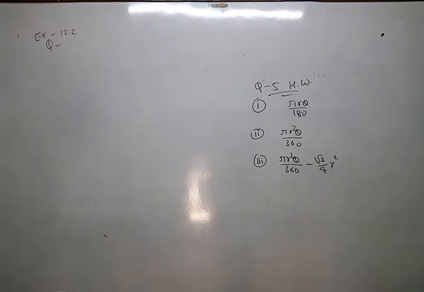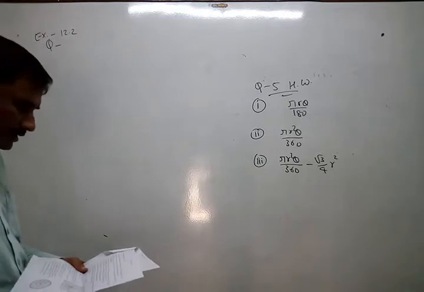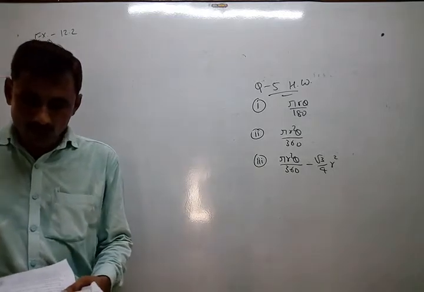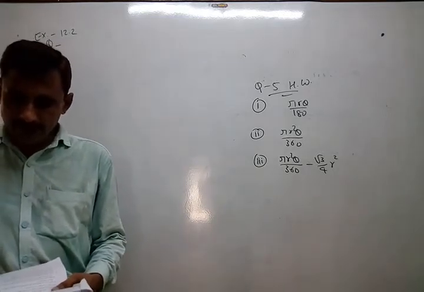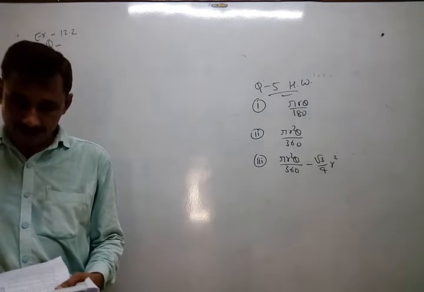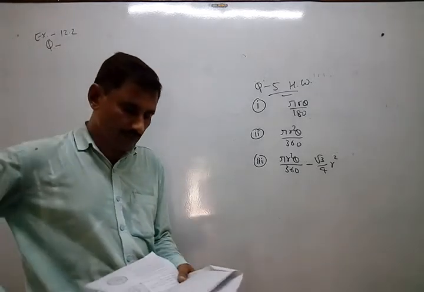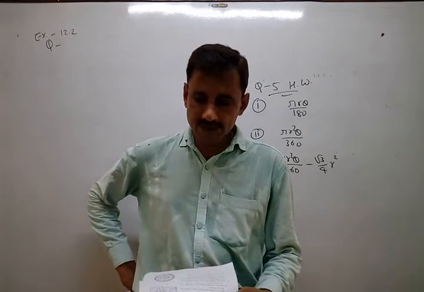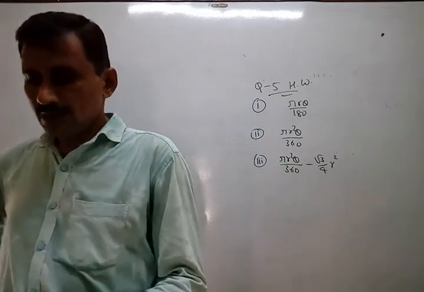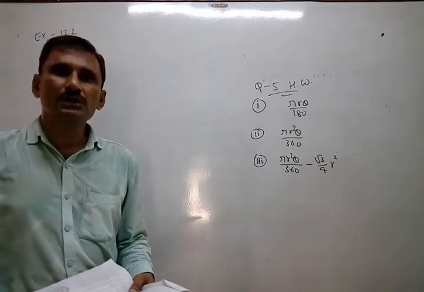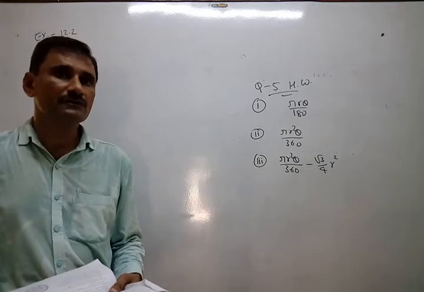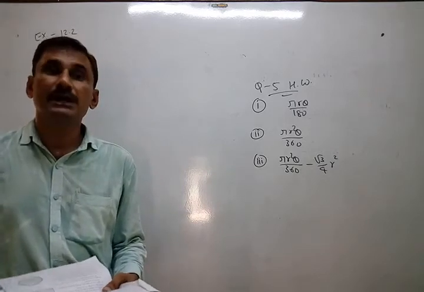Now look at number 6. A chord of a circle of radius 15 centimeter subtends an angle of 60 degree at the center. Find the area of the corresponding minor and major segment of the circle. In the fourth question first, we found the minor segment area.